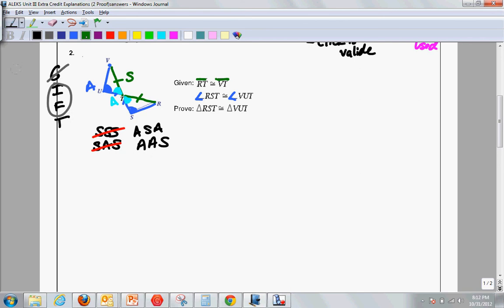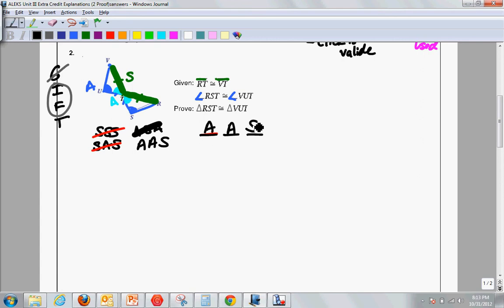Look very carefully. This side is a tail of one of the angles. It is not a sandwich. So we're going to use the tail. So the shortcut we're working with is going to be angle, angle, side.